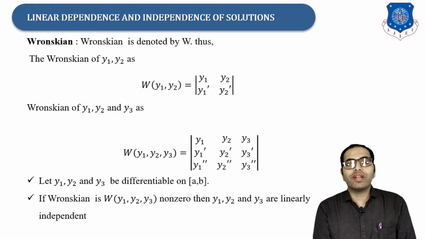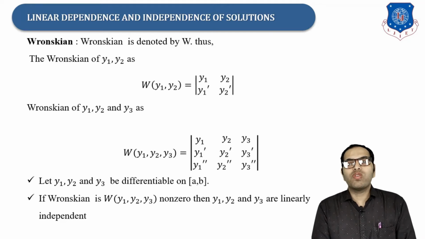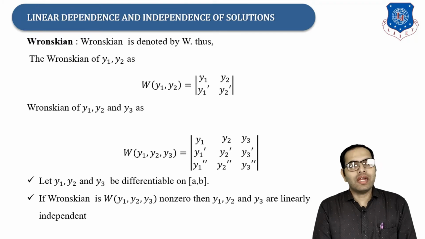The Wronskian of y1, y2, y3 is equal to the determinant with first row y1, y2, y3, second row y1 dash, y2 dash, y3 dash, and third row y1 double dash, y2 double dash, y3 double dash. Here y1, y2, y3 are differentiable on the domain. If the Wronskian is not equal to 0, then we can say that y1, y2, y3 are linearly independent.